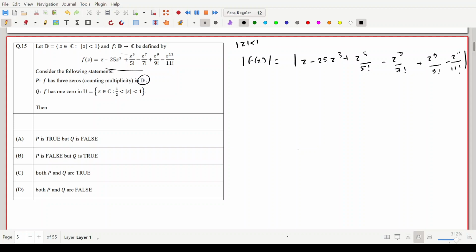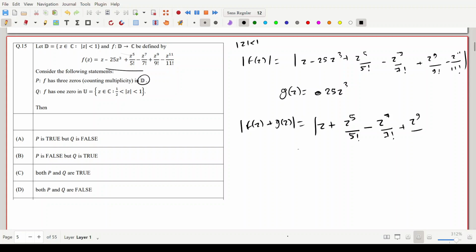So first I am deciding what is my g of z here. g of z is minus 25 z cube, or just take 25 z cube, there is no problem. So what is mod of f of z plus g of z? This is the other part, that is z plus z raised to 5 upon 5 factorial minus z raised to 7 upon 7 factorial plus z raised to 9 upon 9 factorial minus z raised to 11 upon 11 factorial.